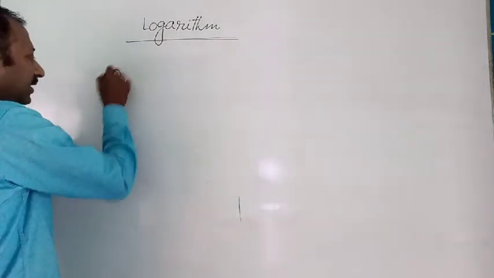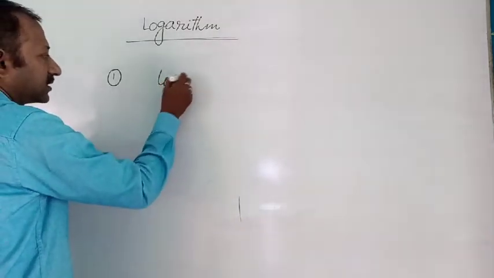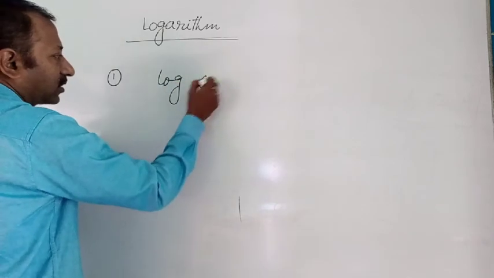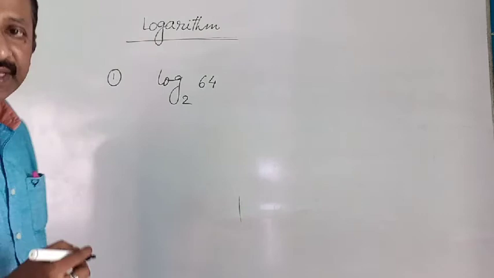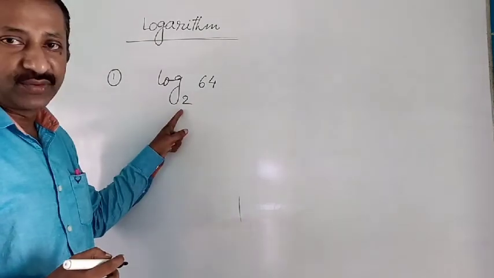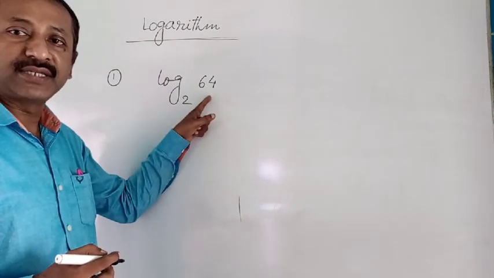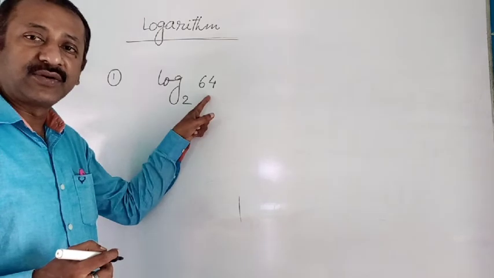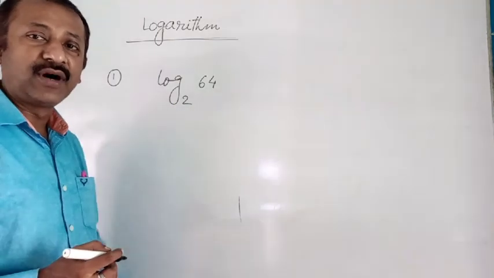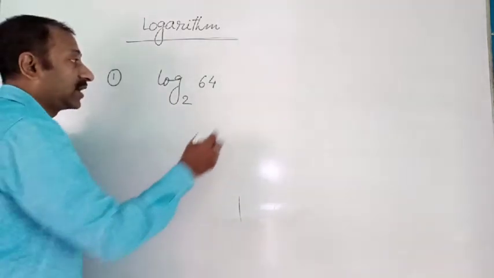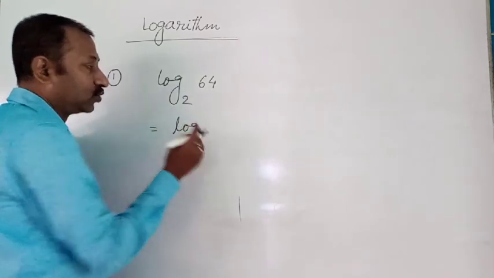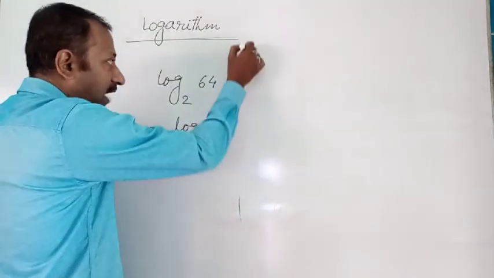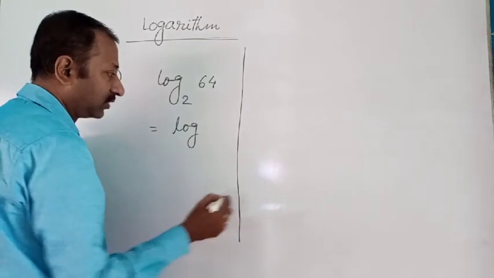Number 1: it is required to find the value of log 64 with base 2. The base is given as 2, and the number is 64. We can do it in two methods. I am showing both.